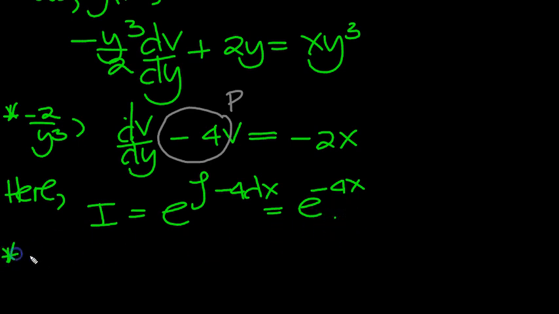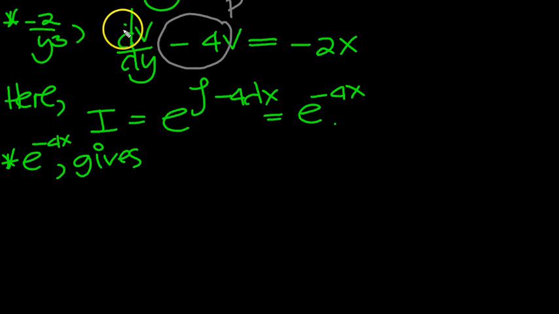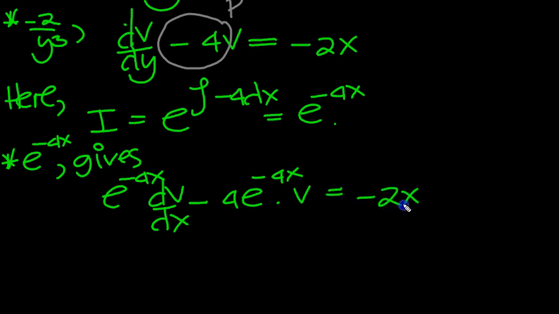Multiply through by the integrating factor gives. Let's see what we've got then. So we're going to multiply this equation through by the integrating factor, e to the minus 4x dv/dx minus 4, put it in the middle here, e to the minus 4x times v equals minus 2x e to the minus 4x.